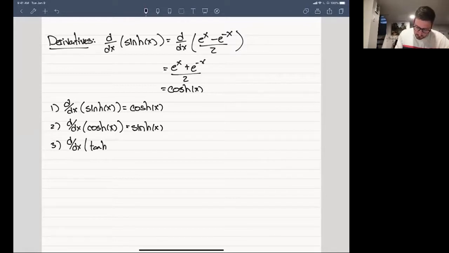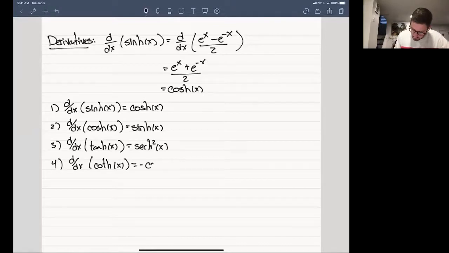So if you take the derivative of tanh, in this case, you get sech squared, just like how you would get secant squared if you differentiate tan. How about if we differentiate coth, hyperbolic cotangent? In this case, you get negative cosech squared.